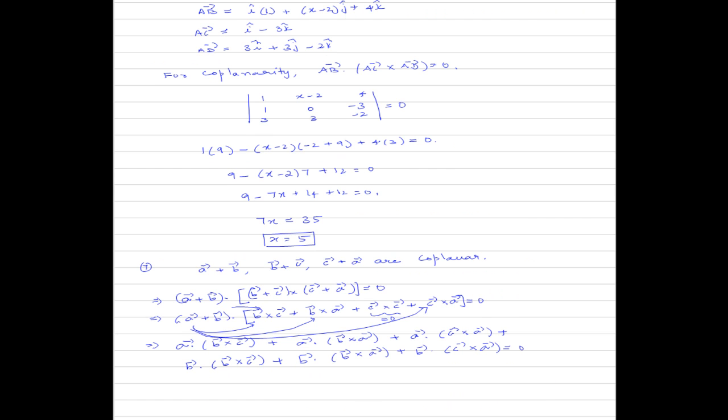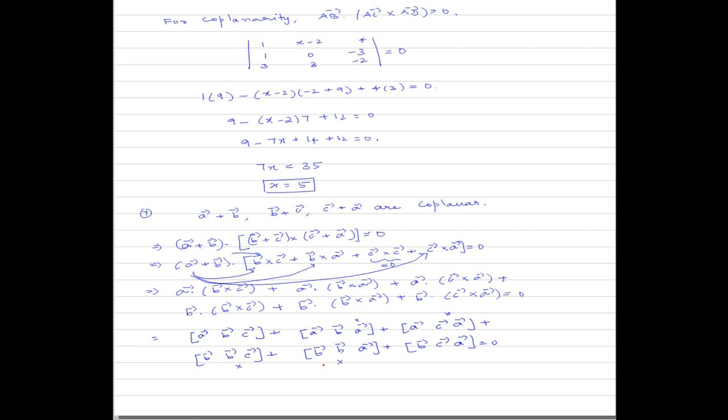So applying that property here, wherever there are two terms, this is nothing but [a b c] plus [a b a] plus [a c a] plus [b b c] plus [b b a] plus [b c a] is equal to 0. So you know that this is 0 because there are two a vectors. This term is 0, this term is 0 and this term is also 0.